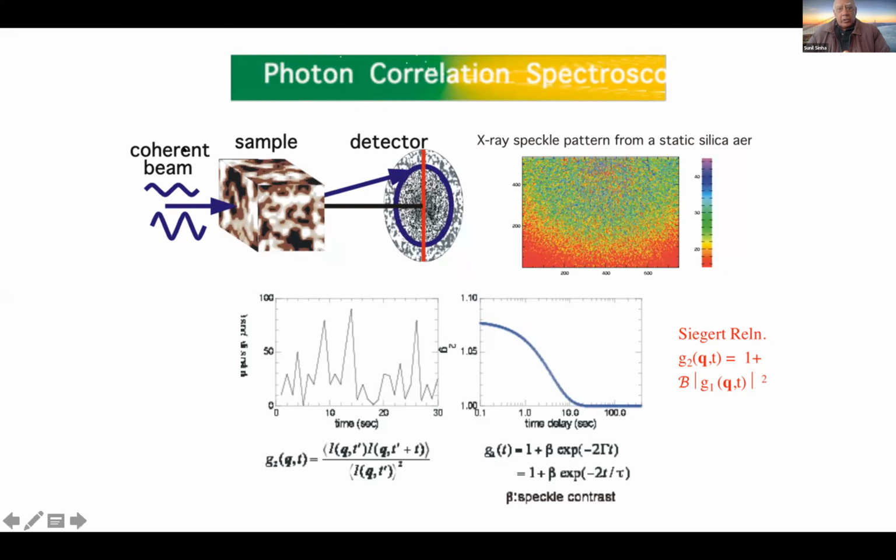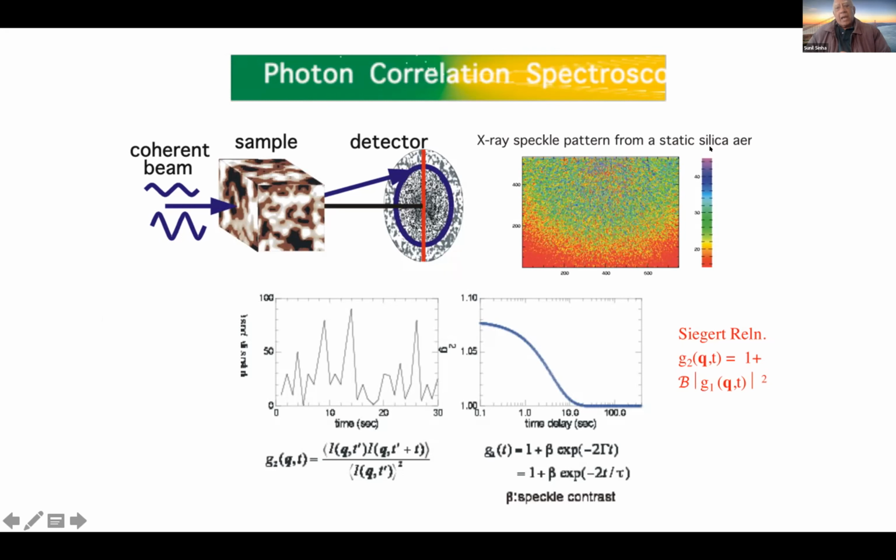This speckle pattern is shown here on the right-hand side from a static silica glass, which has a lot of disorder in it, so it produces a lot of speckle. A perfect crystal would produce no speckle, but just Bragg spots.